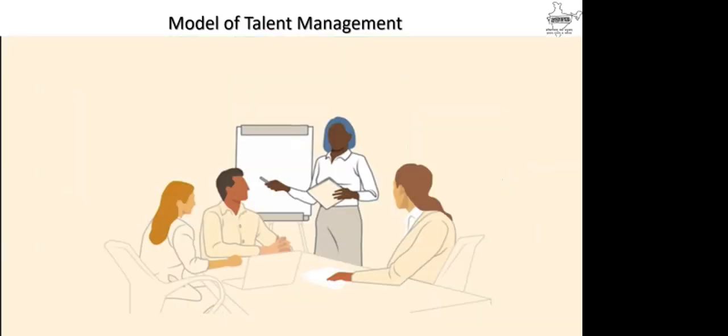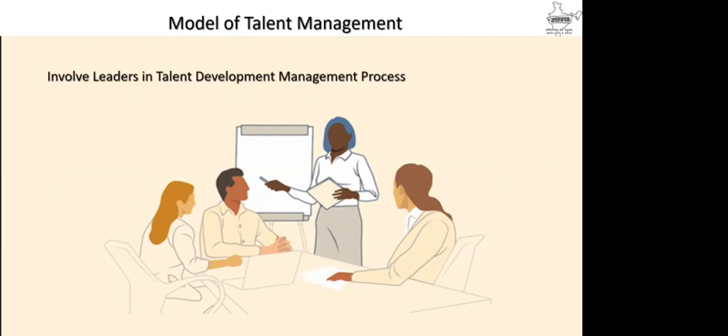Some of the things that are very important for the situation to improve: first of all, involve the leaders in the talent development and management process. Very often the thought is, "Arey, this is HR work. This is not a regular leader's job. This is HR's job." I think that is the first mistake businesses make.